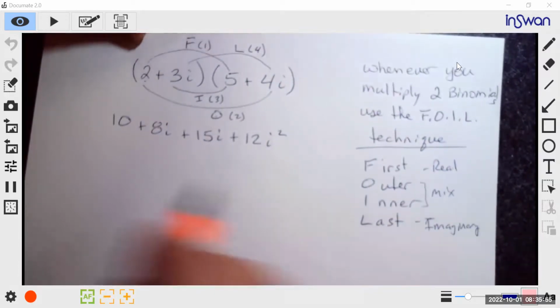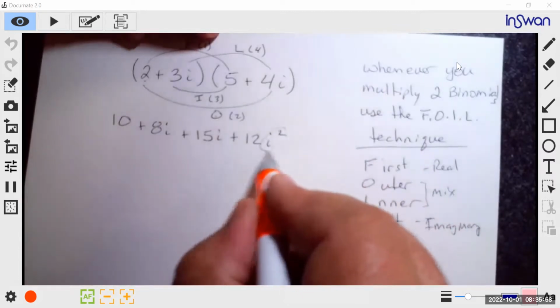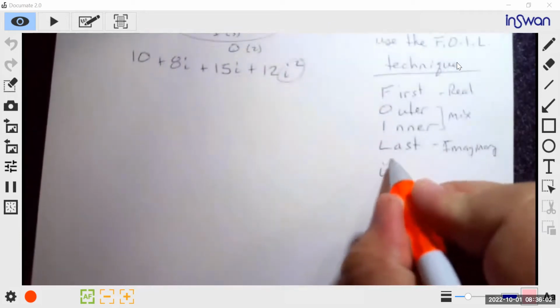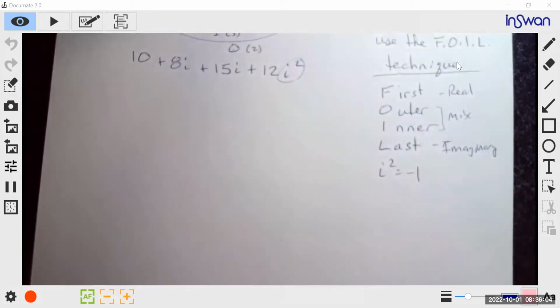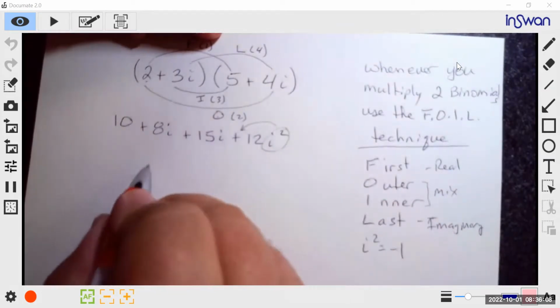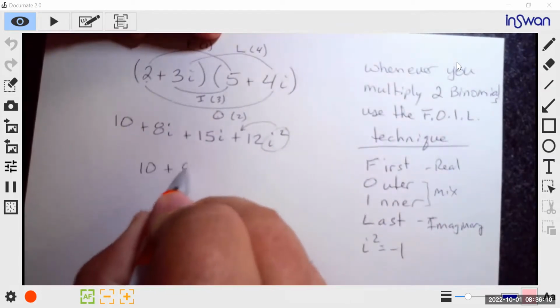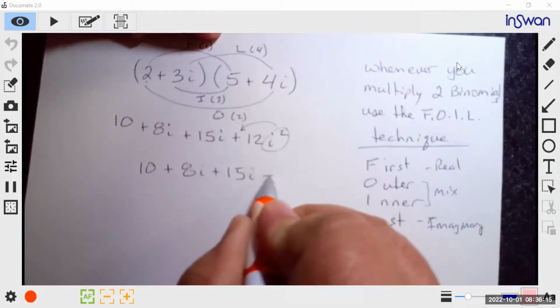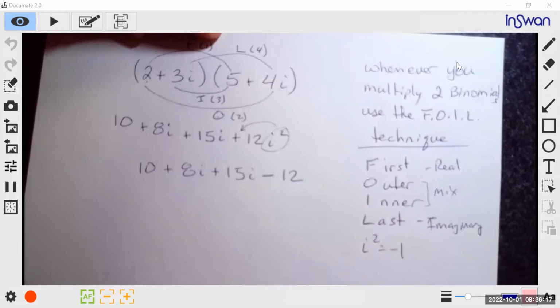All right, then order of operations, exponents, i squared. Remember, i squared is the same thing as -1. So all it does is change the sign of the coefficient. So it becomes a -12.